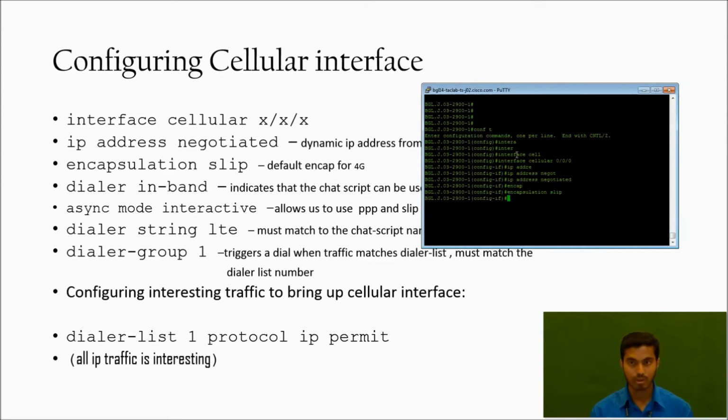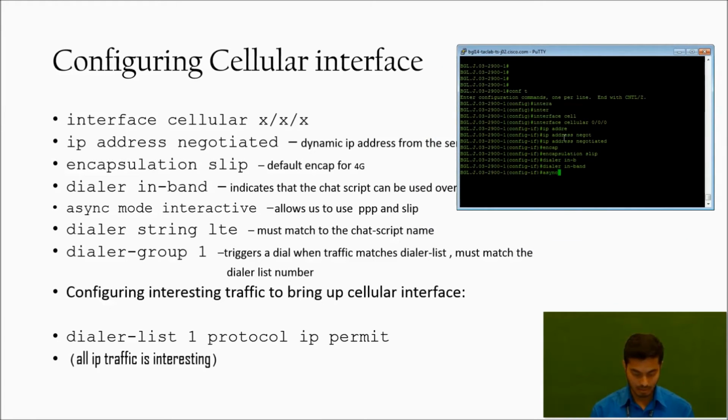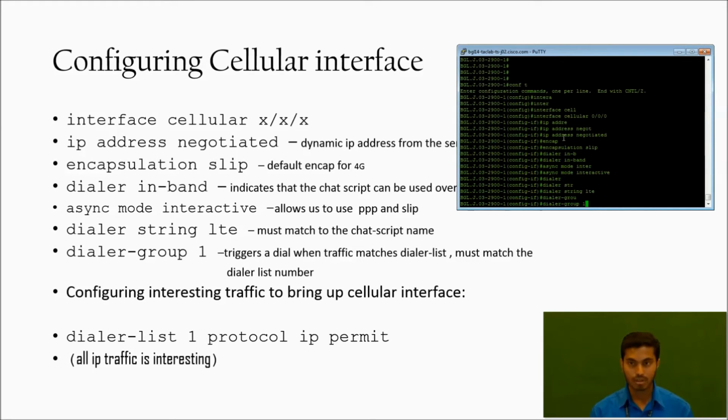Encapsulation is SLIP for 4G, and dialer in band indicates that the chat script can be used over this interface, and then async mode interactive allows to use the encapsulation, and the dialer string, which is the chat script name, that is LTE, and the dialer group, which is number 1, where we'll be configuring the dialer list to initiate the interesting traffic here.